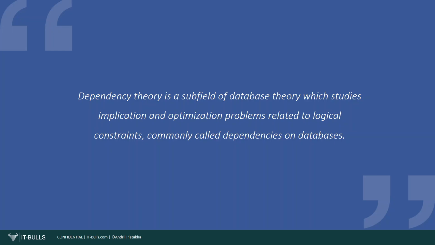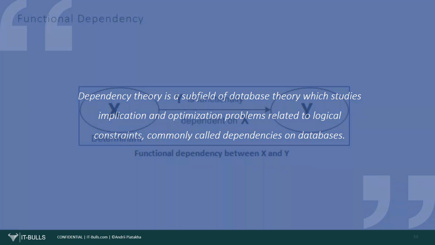Dependency theory is a subfield of database theory which studies implication and optimization problems related to logical constraints, commonly called dependencies, on databases. The best known class of such dependencies are functional dependencies, which form the foundation of keys on database relations. And in this lesson we are going to review excerpts from dependency theory.